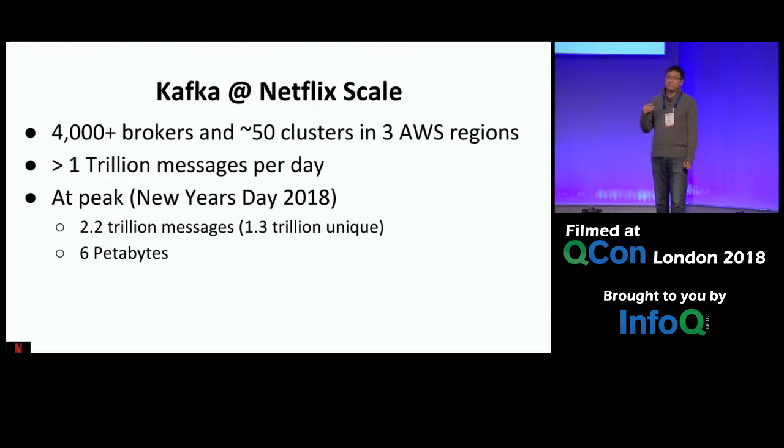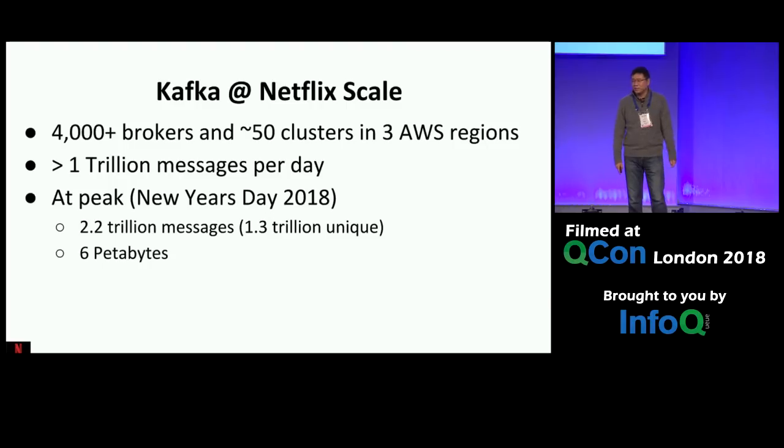Just to give you some idea of the Kafka scale running in Netflix, we're currently operating more than 4,000 brokers in about 50 clusters in 3 AWS regions, 2 regions in the US and 1 region in EU West 1, which serve I think most of you.